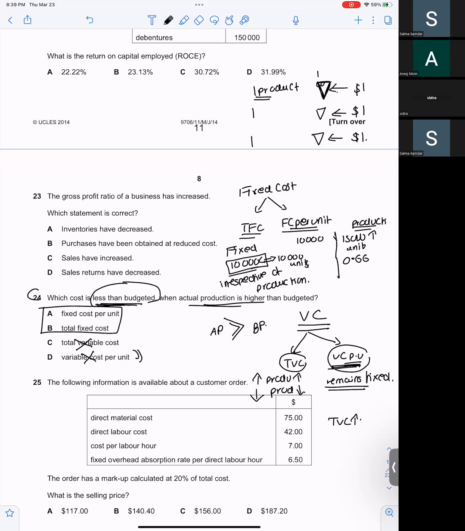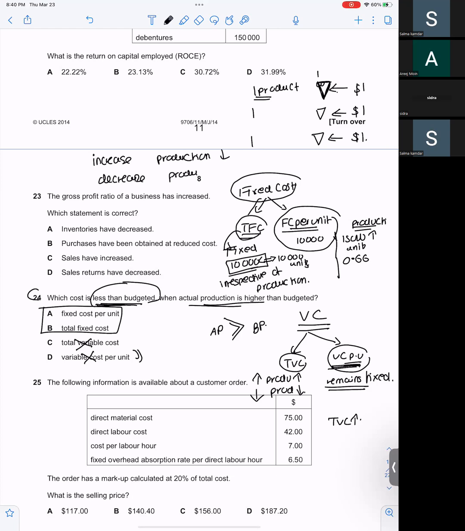So the nature of fixed cost is that the total fixed cost will always remain fixed. But the fixed cost per unit, what will happen to it? It'll change. It will increase if production reduces, and it will decrease if production increases.